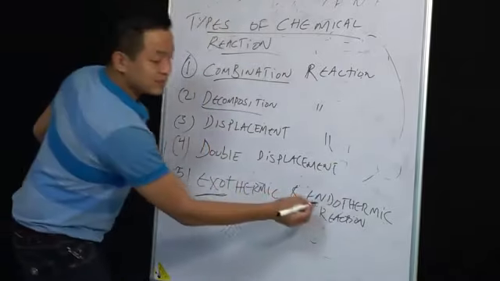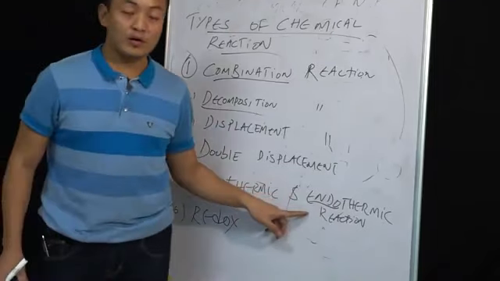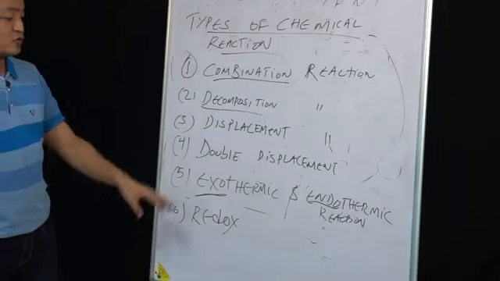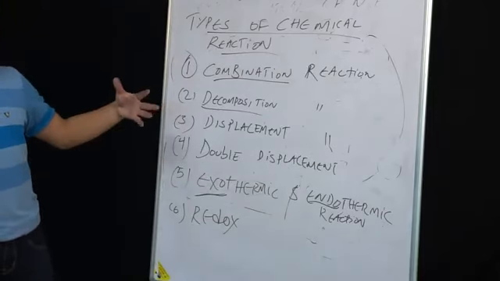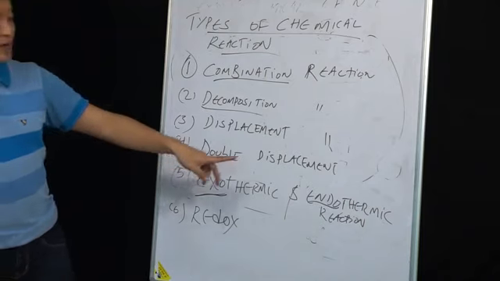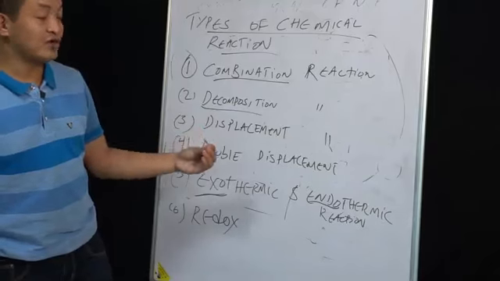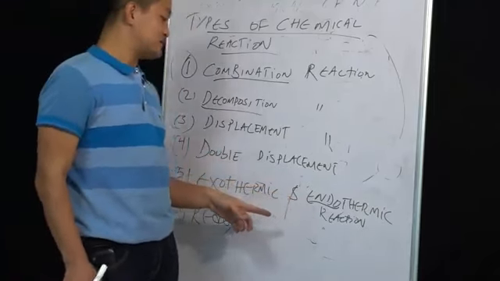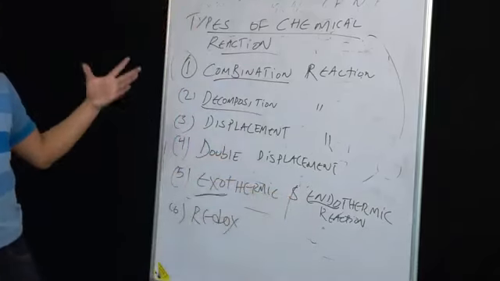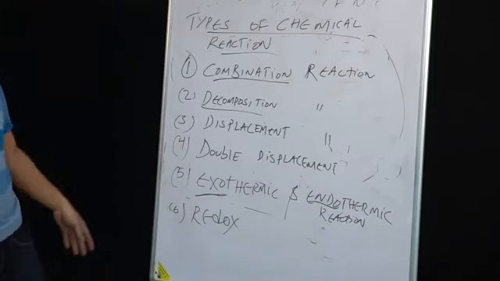So please keep this in mind: exo, release; endo, absorbing. Those chemical reactions which involve the absorption of heat energy are known as endothermic reactions. In the next class, I'll be giving you a very practical example and chemical reaction as well.